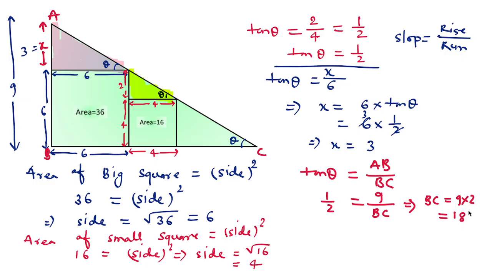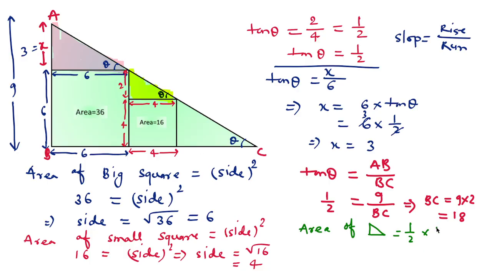As we have to find the area of this right angle triangle, area of right angle triangle is equal to 1 by 2 base into height.